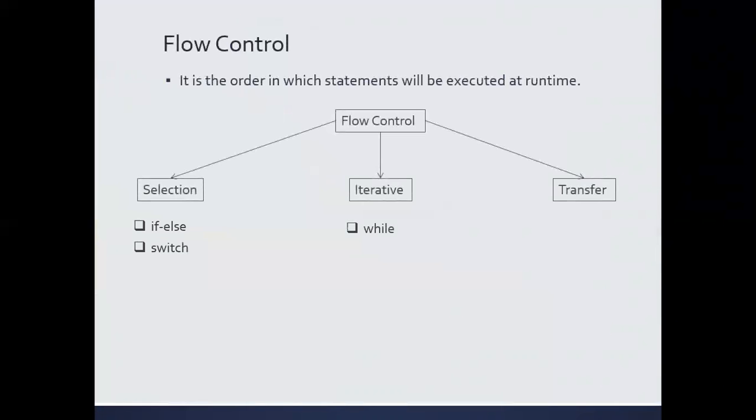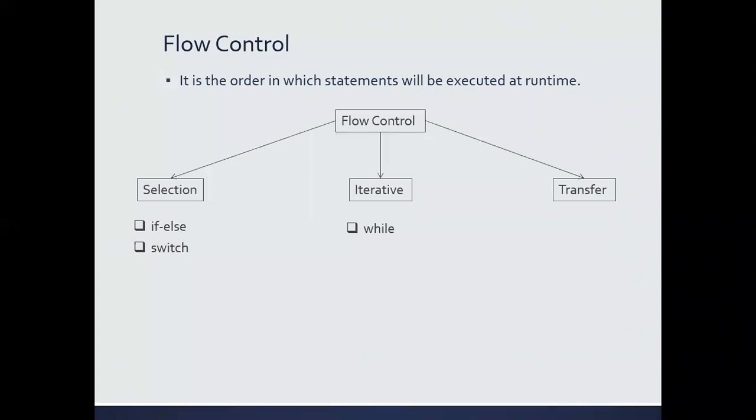Iterative means what? It is looping. Looping means you want to run certain statements multiple times based on your requirement. For example, if you want to print from 1 to 10, you can write sys out 1, sys out 2, sys out 3, like this 10 times.